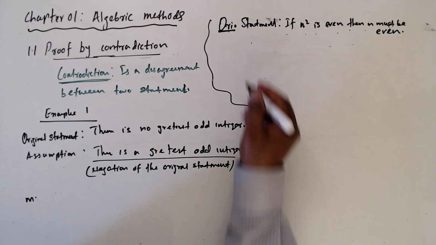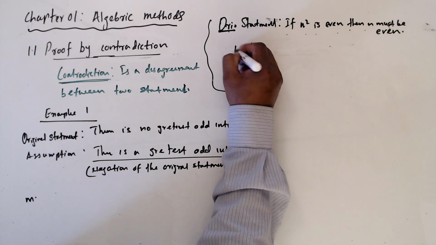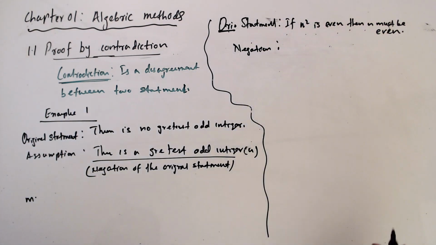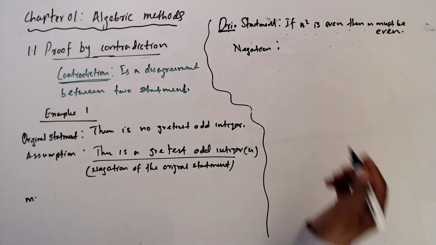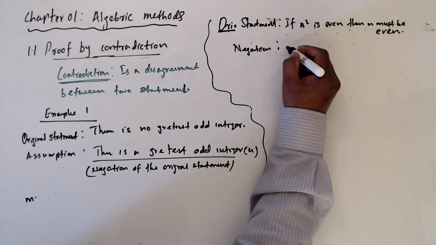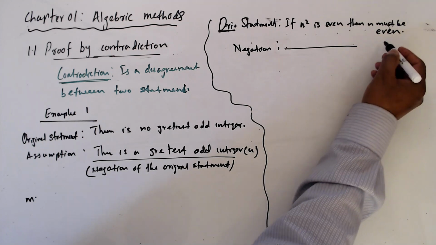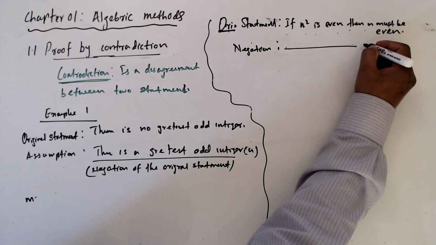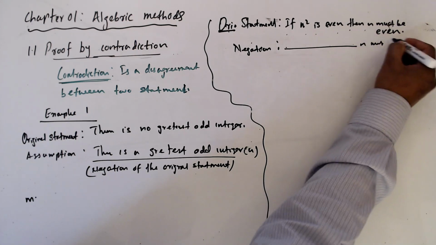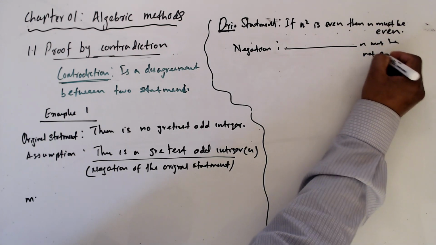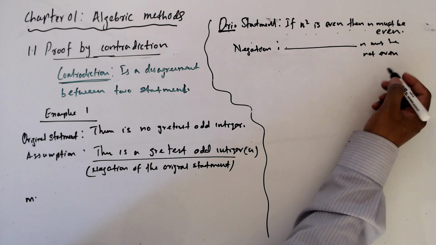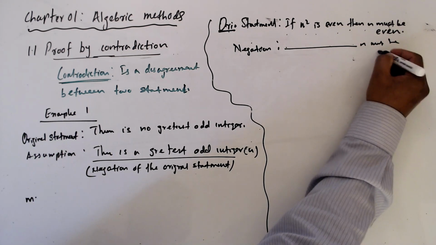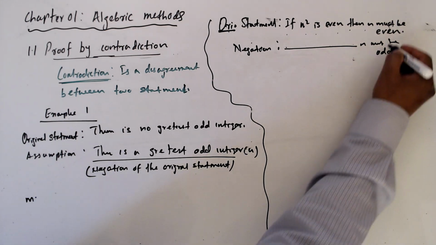What is the negation of this statement? The negation is: if n square is even, then n must be not even. Not even means odd, so n must be odd.